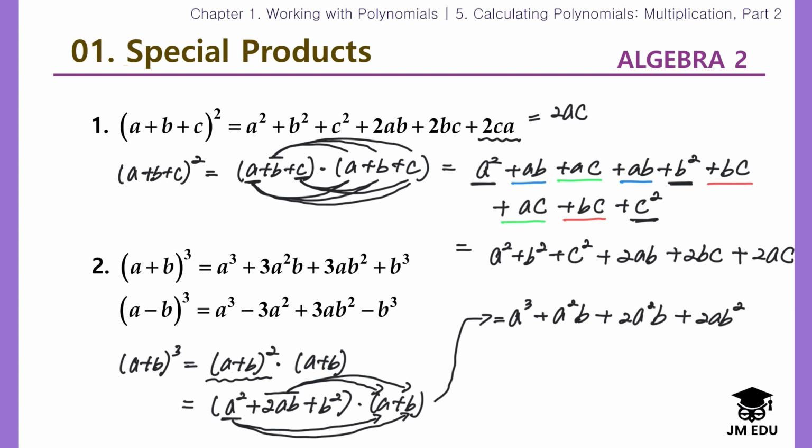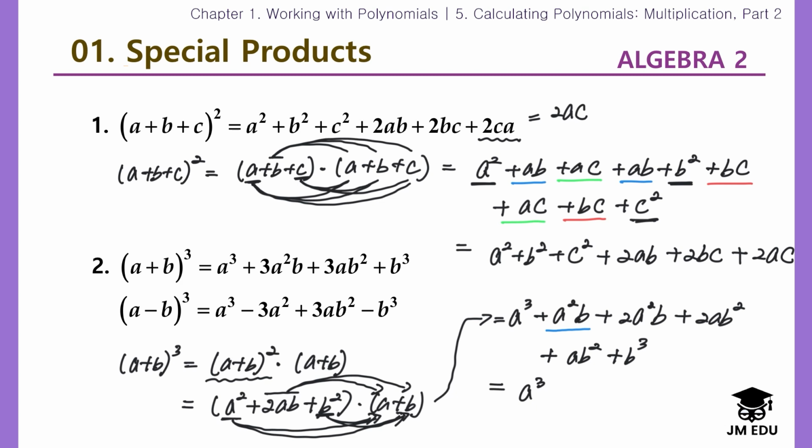Okay, now from b squared times a, that's ab squared. b squared times b, that's b cubed. So let's just simplify this. We have a cubed first, and like terms, we have a squared b.